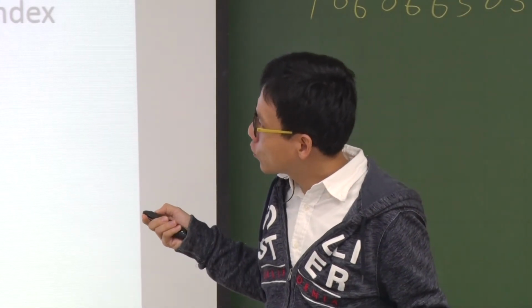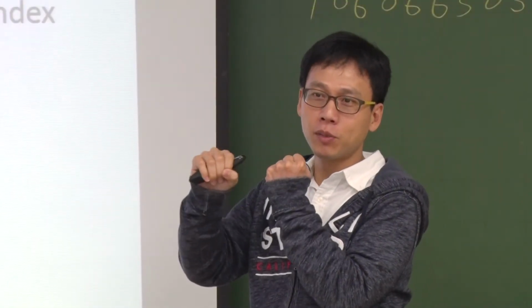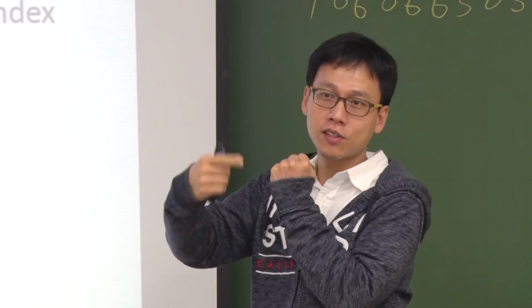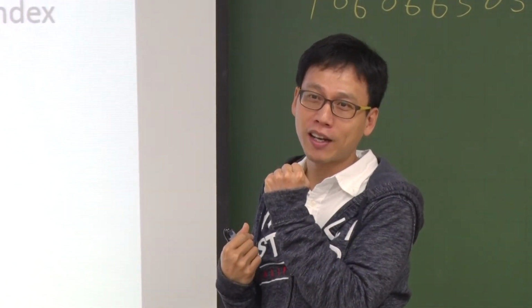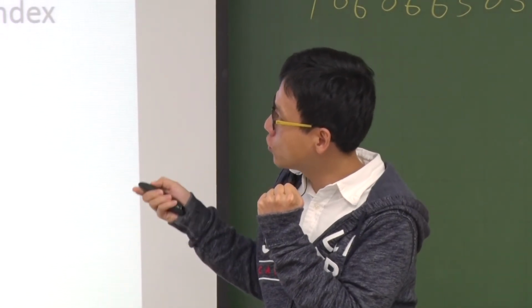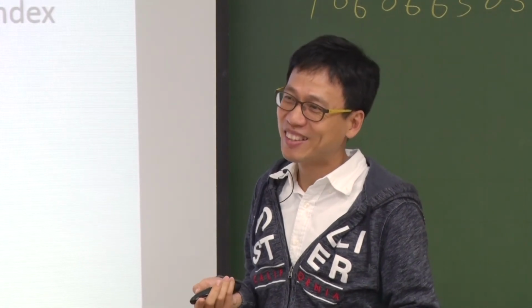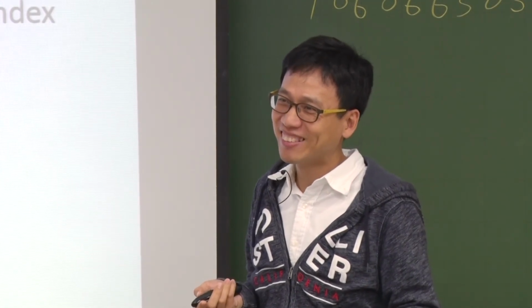So you can create a waveguide. What is a waveguide? You have higher index in the middle, lower index in the surrounding area. That is a waveguide, right? And because of positive n2 and I of r, don't you create a waveguide because of the Kerr effect?